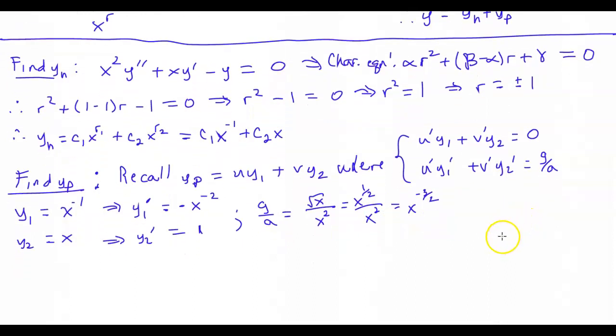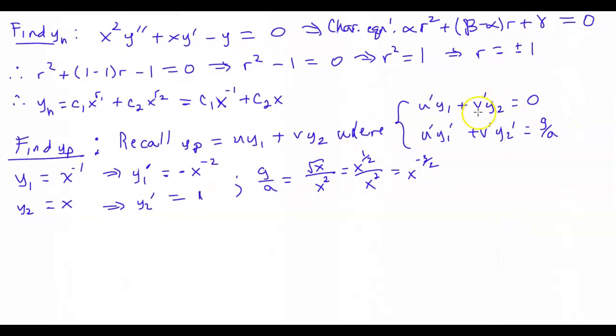And now that we have all this information, we can actually go and solve this system of equations. So we'll go ahead and rewrite everything with all the information in it. We've got u prime y1, which is x raised to the 1, plus v prime y2, which is x, and that's going to equal 0.